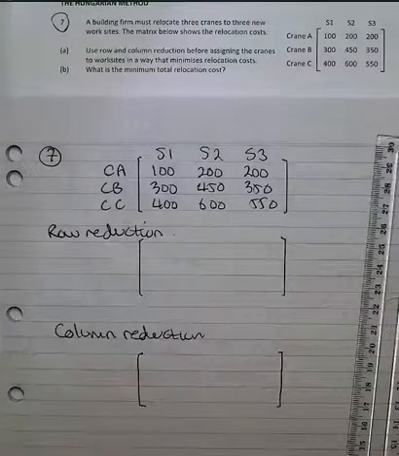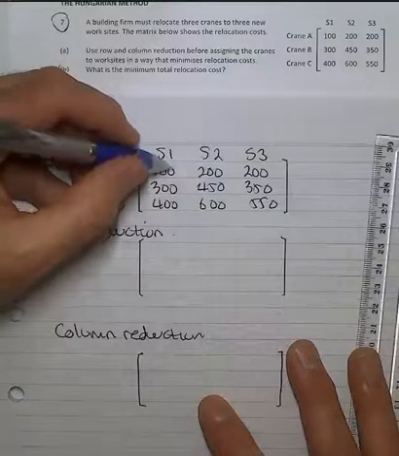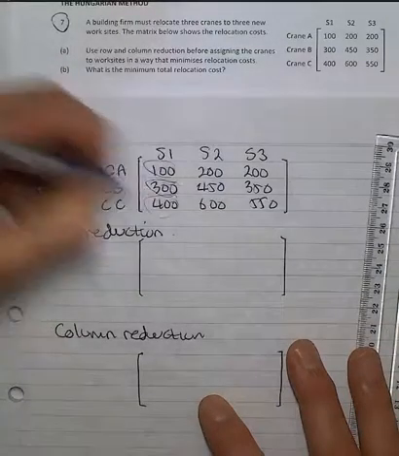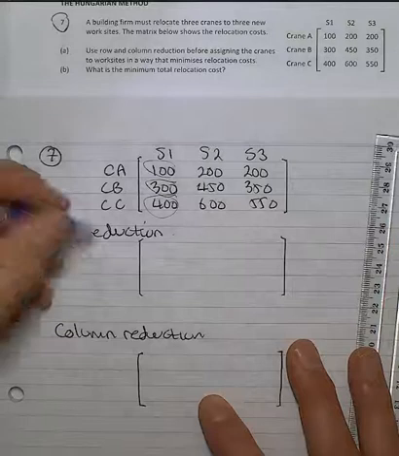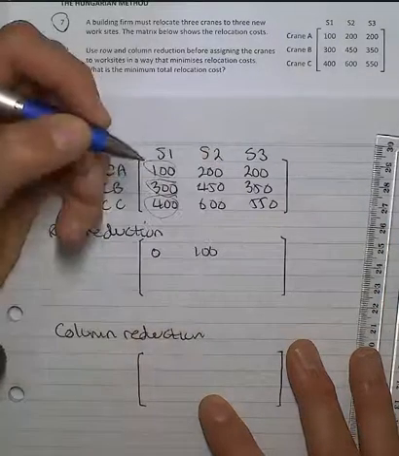Looking now at question 7 in a bit more detail, I'm going to subtract the smallest number in each instance, which happens to be the situation for site 1. So it's 0, 100, and 100.